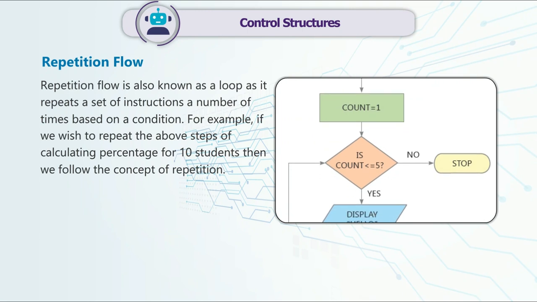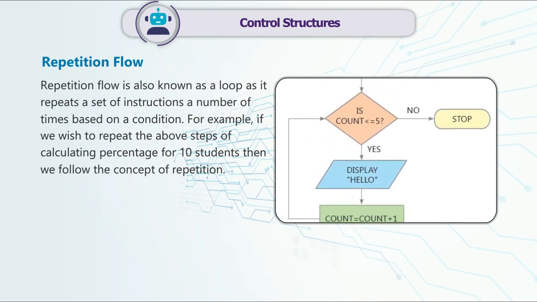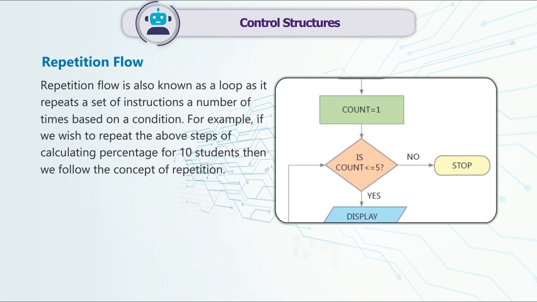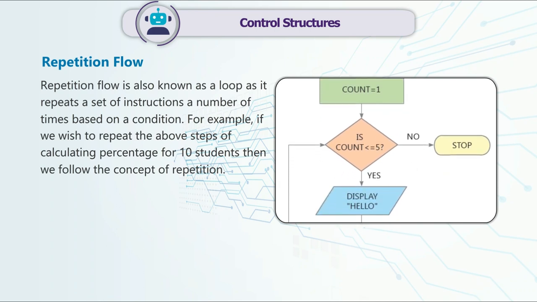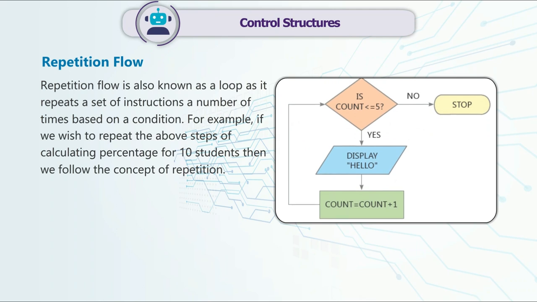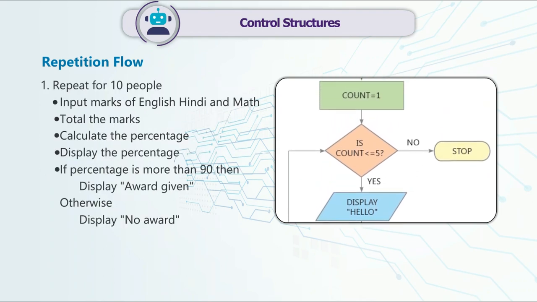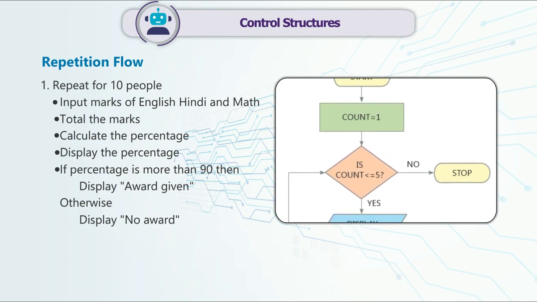Repetition flow. Repetition flow is also known as loop, as it repeats a set of instructions a number of times based on a condition. For example, if we wish to repeat the above steps of calculating percentage for 10 students, then we follow the concept of repetition. 1. Repeat for 10 people. Input marks of English, Hindi, and Math.